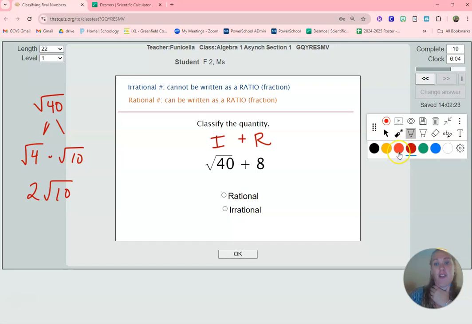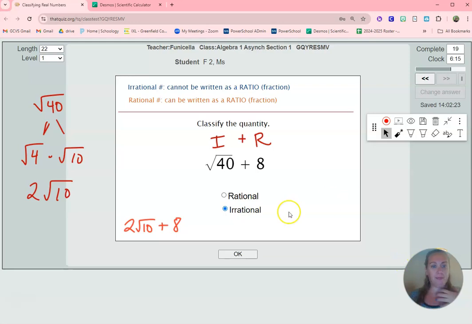Still irrational. So even if we simplify that, we still have 2 root 10 plus 8. So our sum here is still going to be irrational. Just wanted to do a little practice reminder of how we simplify those roots. I know we worked on that a lot last week.